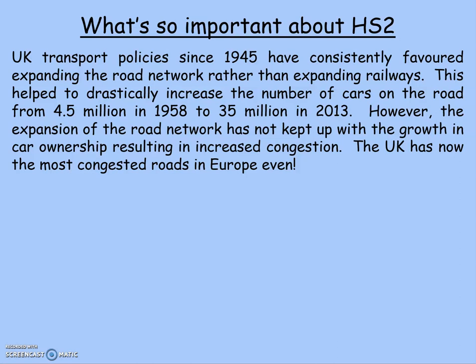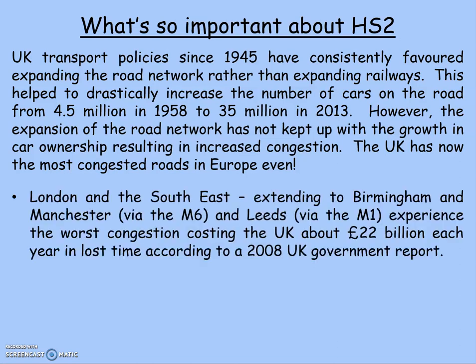In 1958 there were about 4.5 million cars, and in 2013 that had gone up to 35 million. Although the road network has expanded, it has not kept up with the growth in car ownership. As a result, we have serious issues of congestion, and the UK now has the most congested roads in Europe.